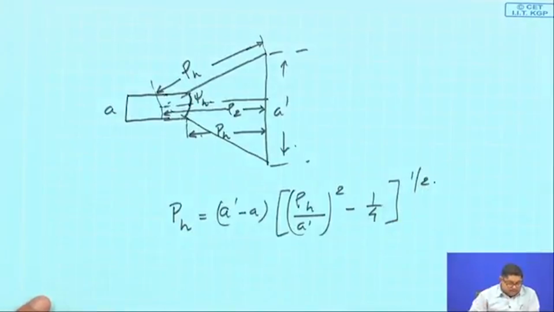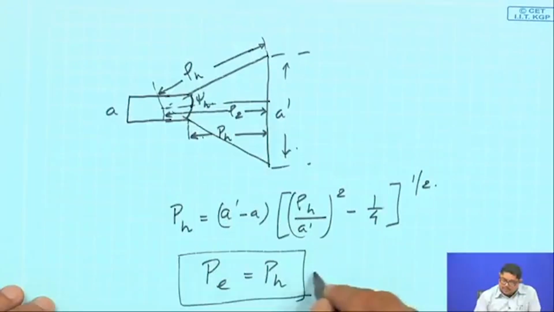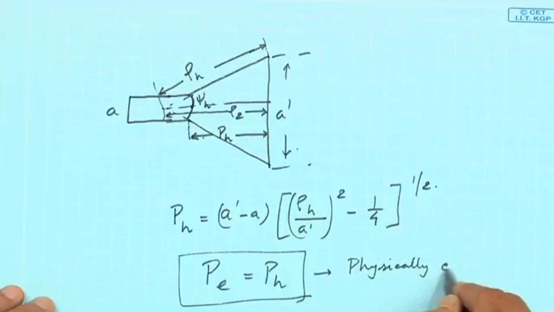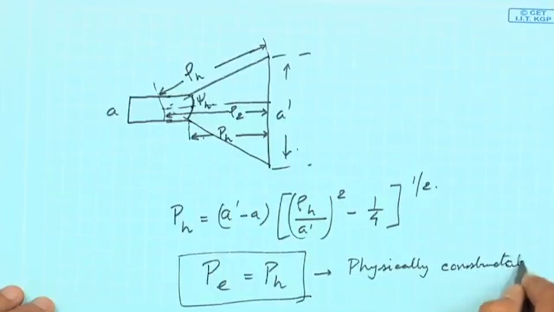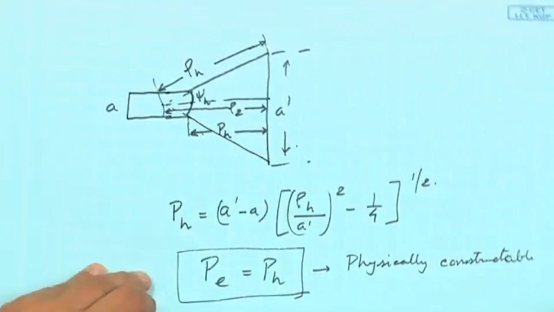And to physically construct a horn, we require P to be equal to P H. Physically constructible, I can say. Okay, so let us take an example: a pyramidal horn has this dimension.